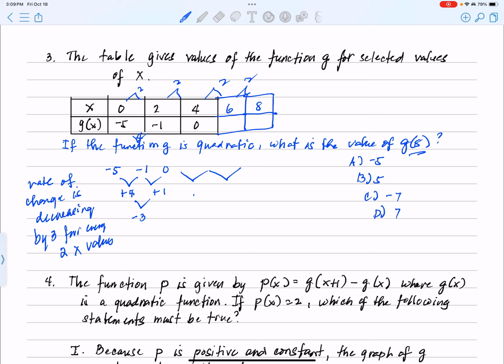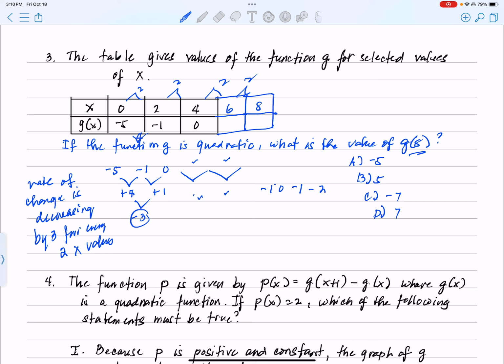So let's say, what would this value right here be to get this difference? We'll make -3 our reference for the difference. So let's say 1, because we have -1, then we have 0. Let's say from -1, then you have 0, -1, -2.